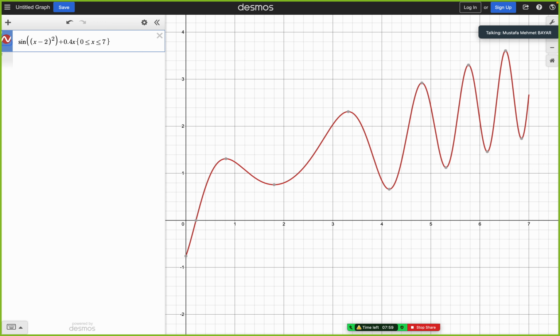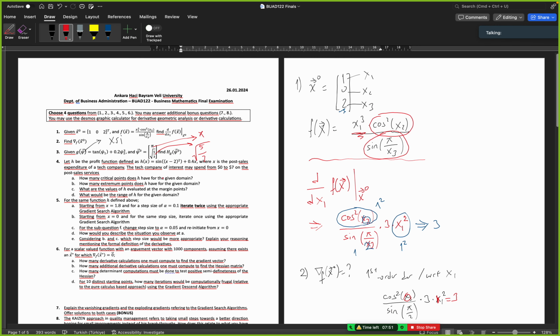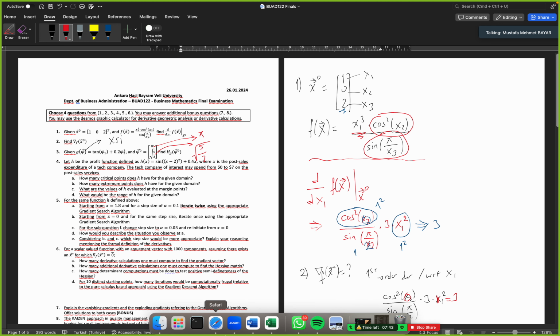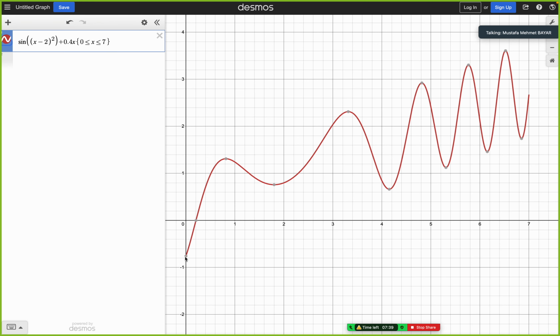Let me continue with 4C. 4C is, what are the values of H evaluated at the margin points? So this is one margin point, and the value of the function is negative 0.757.